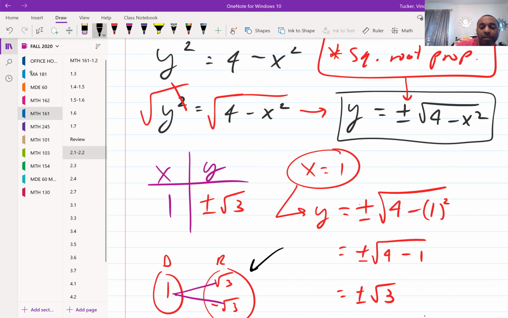If I were to do a mapping, that 1 would go to square root of 3 and it would go to negative square root of 3. And remember, that's what stopped our relation from being a function: when you have a number in your domain going to more than one value in your range. Once again, this scenario was created because you had an even power on your y.